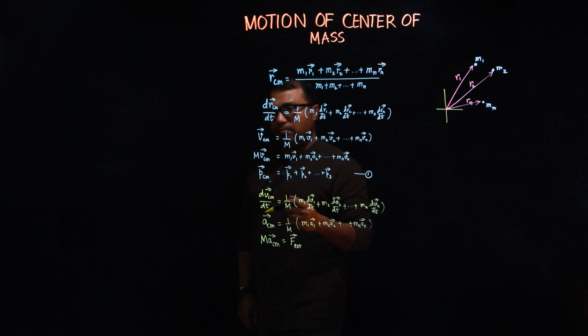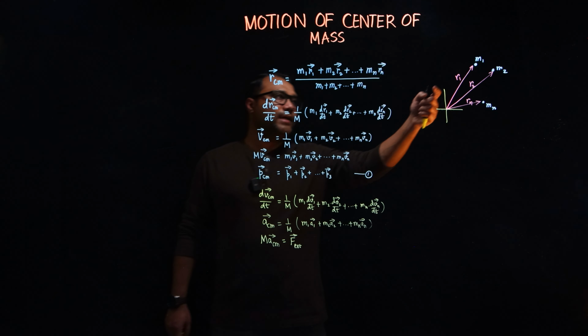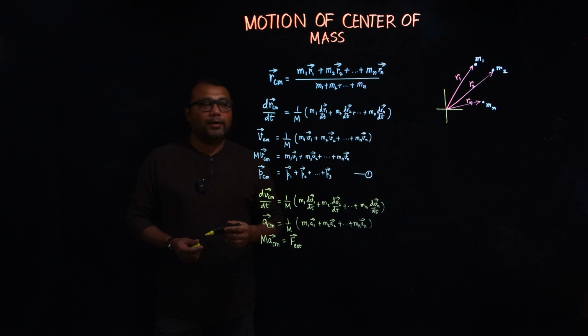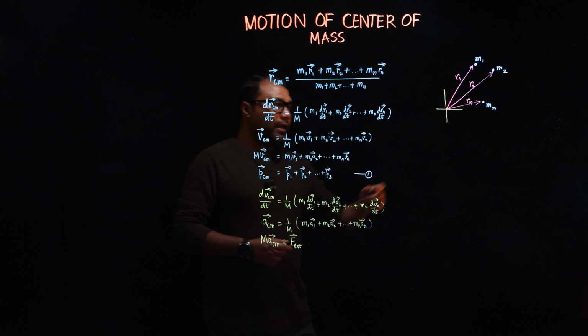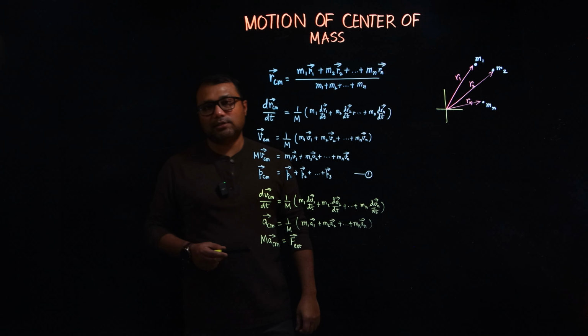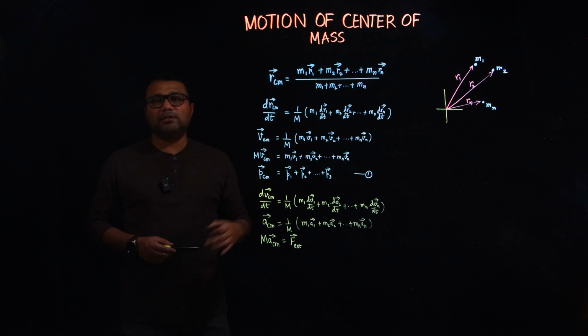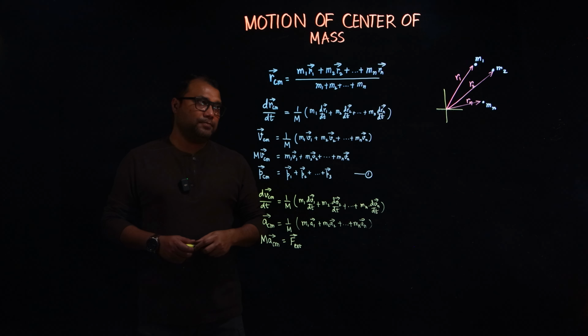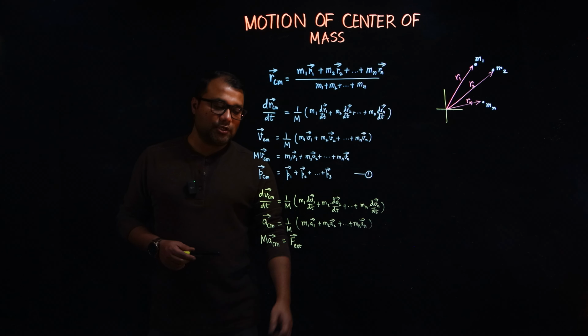Now it can be possible that M1 exerts a force on M2, and by Newton's third law M2 will exert an equal and opposite force on M1. So if I add up all the forces that are acting on the system, external force, internal force, everything, the internal forces will cancel each other, right? And everything that is remaining will be the external force.